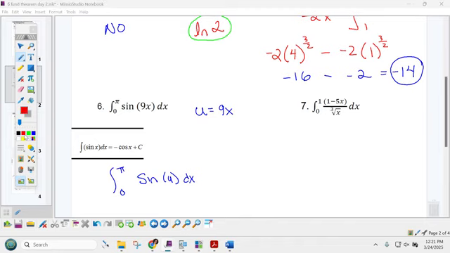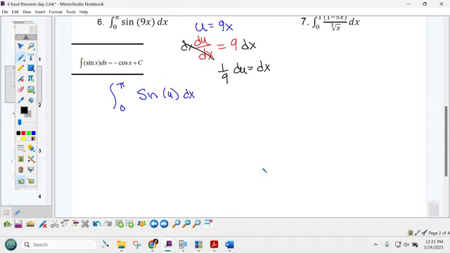So I need to replace the dx. So isolating dx, and multiply both sides by 1/9. All right, I get 1/9 du.